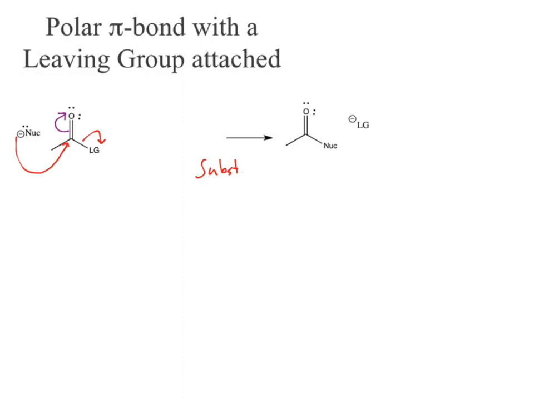Then I reform the pi bond, and then I kick out the leaving group. I would show all of those arrows in one single structure, which is messy and horribly wrong. It is split into two mechanistic steps. You need to be aware of that. You also need to be aware that we will make this shortcut for the sake of time.